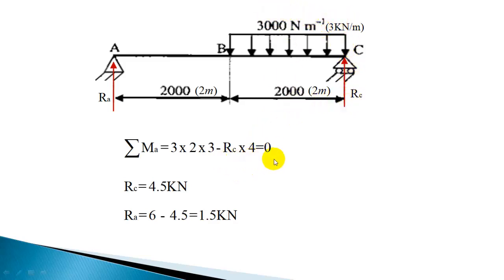So minus RC into 4 is equal to 0. So RC will be 4.5 kilonewton, and RA you can find from the total load, that is 3 into 2, 6 kilonewton minus RC, that is 1.5 kilonewton. So RA is 1.5 kilonewton, RC is 4.5 kilonewton.